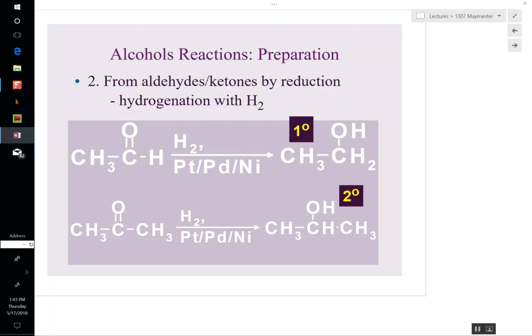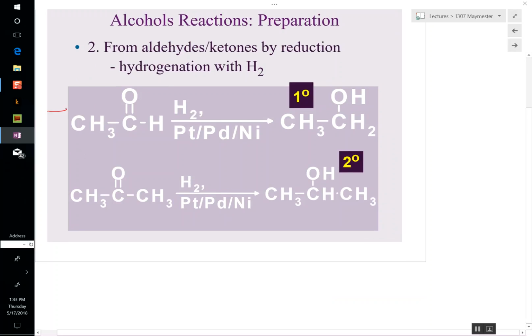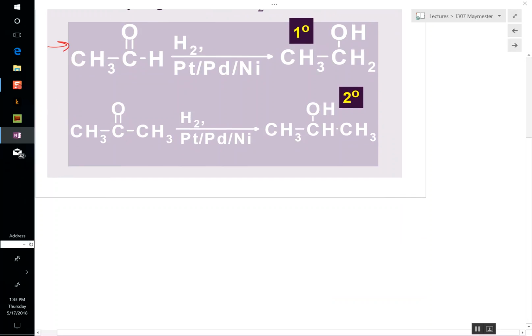This is an aldehyde, this is a ketone. You have studied hydrogenation. But in hydrogenation, you studied the hydrogenation of a carbon-carbon double bond, right? And each carbon got a hydrogen. Well, let's look at this one right down here.